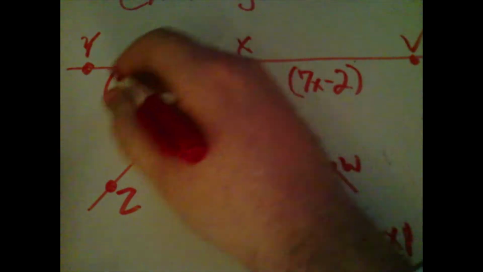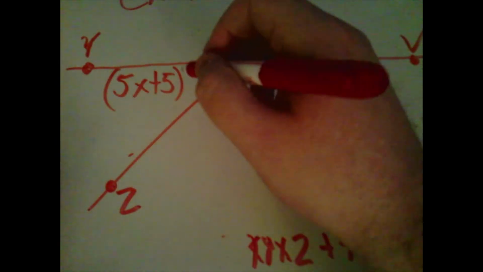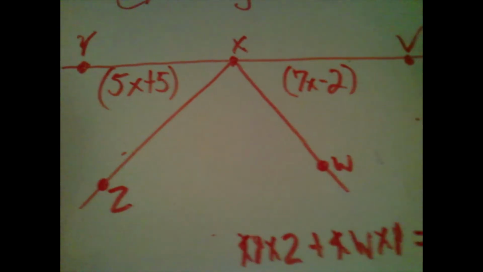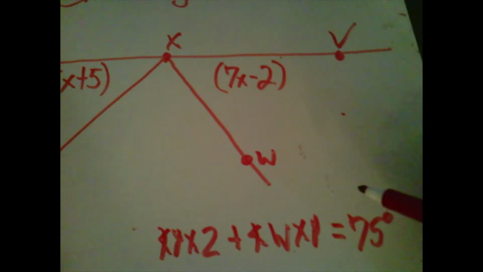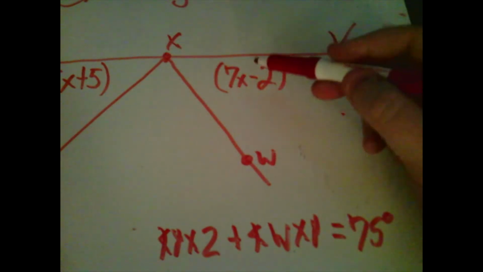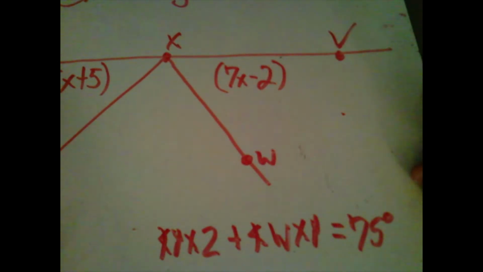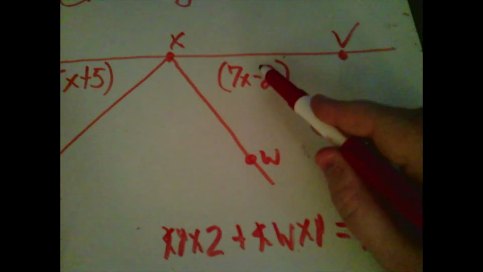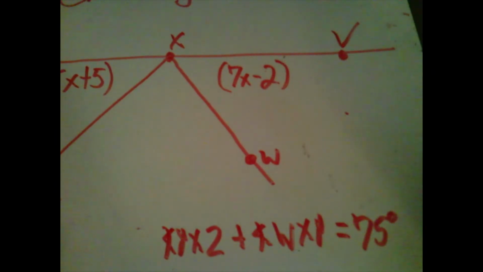YXZ. Hey, that's this angle right here. This 5x plus 5. Okay. What's the other one? Let's see. WXY, that's this one right here. 7x minus 2. Okay. So this plus this is equal to 75.